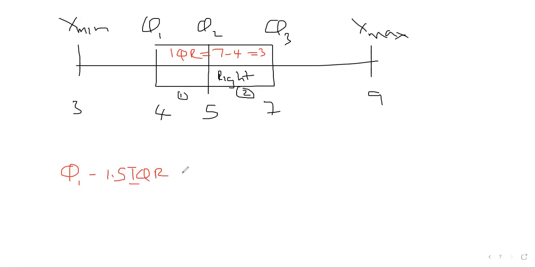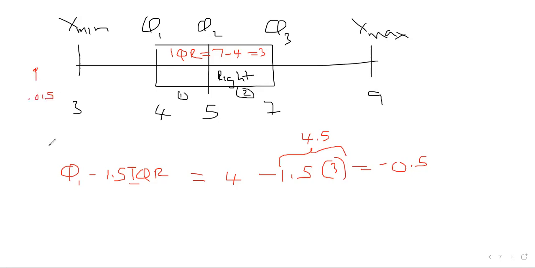So Q1 is what? 4 minus 1.5, which is the standard figure, times the interquartile range we found as 3. So 1.5 times 3, we get 4.5. So this, in this case, is called the correction term, 4.5. So 4 minus 4.5, we get negative 0.5, which is somewhere here. So we get the lower extreme value.